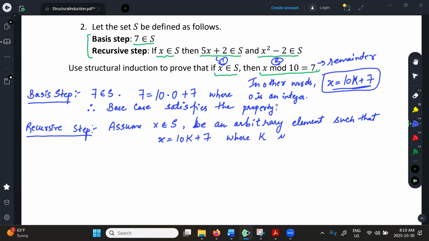So I'm assuming there is an arbitrary element which already has the desired property I want. That element is 10k plus 7. Now we will not do any simplification to this. This will stay.